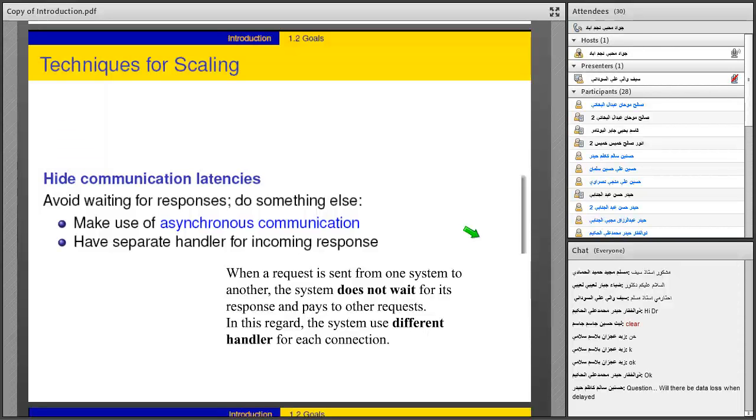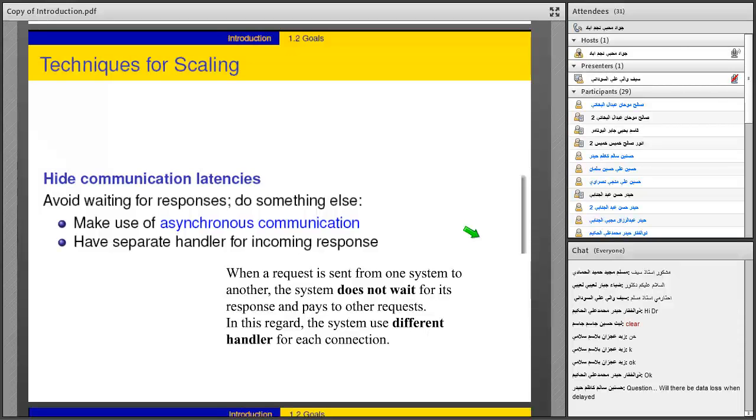But we know that when a request is sent from one machine to another, for example from machine 0 to machine 1, sometimes machine 0 needs to wait to receive its response, and after that machine 0 can continue its running.